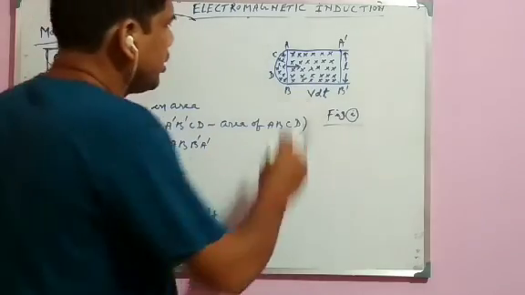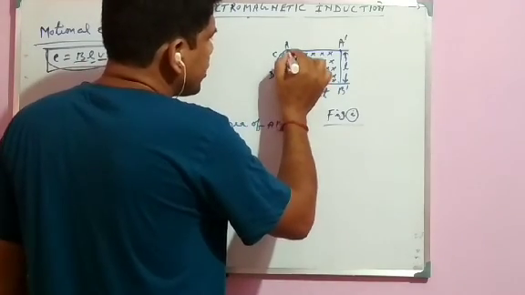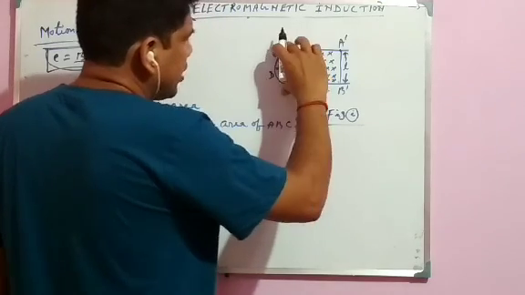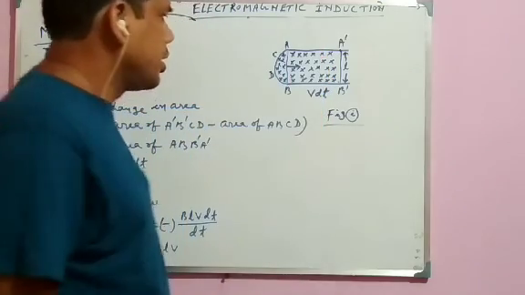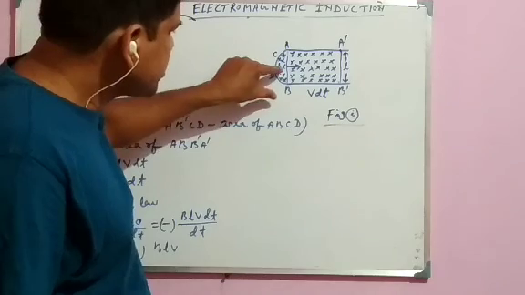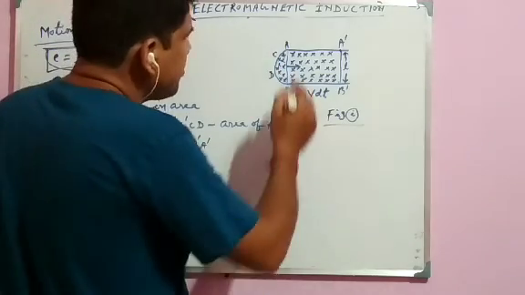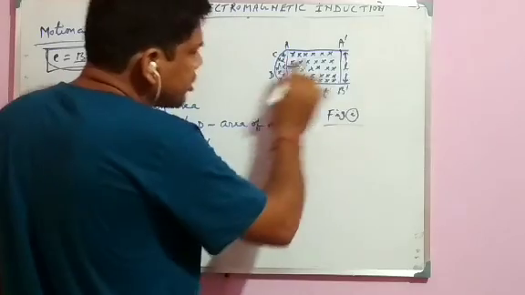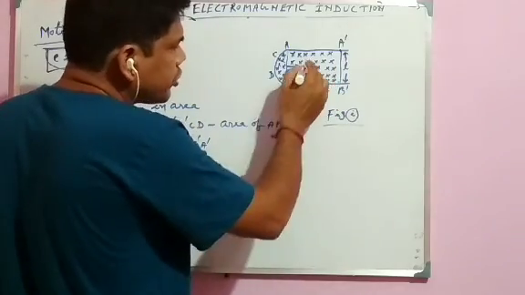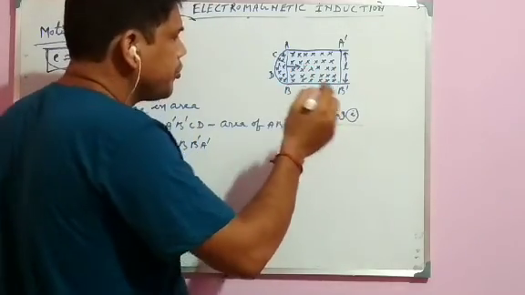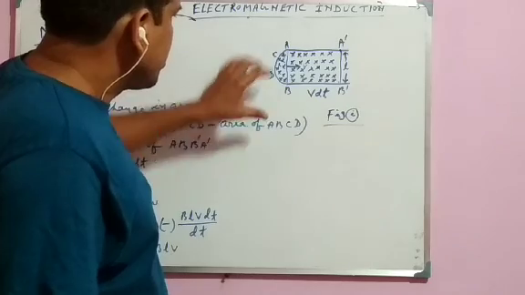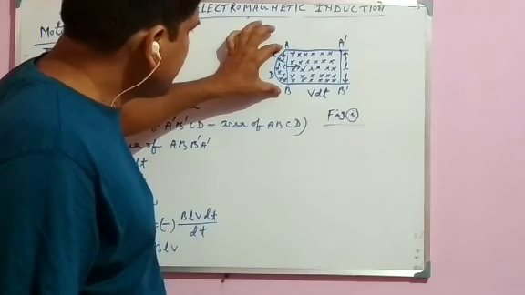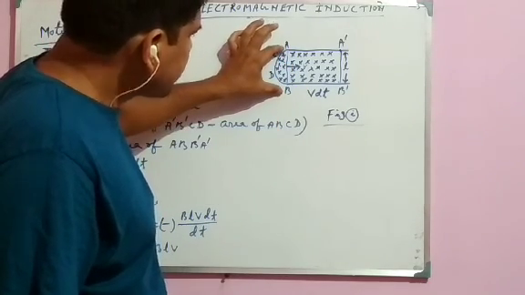Now here we have considered one conductor AB, whose length is L. This AB conductor is moving along this direction with velocity V. At any instant of time, we consider the AB conductor placed here.